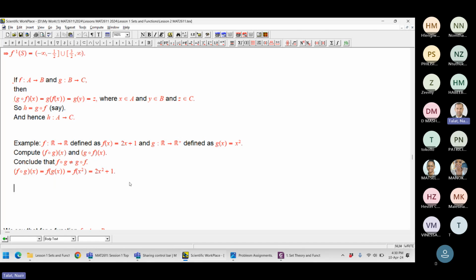Now we can compute g o f of x. In g o f of x, g will remain the same. First we need to apply f on some element x. When we apply f, the image will be equal to 2x plus 1.